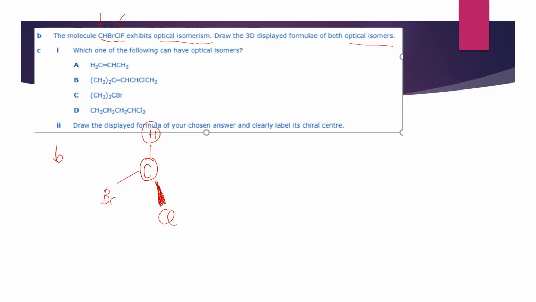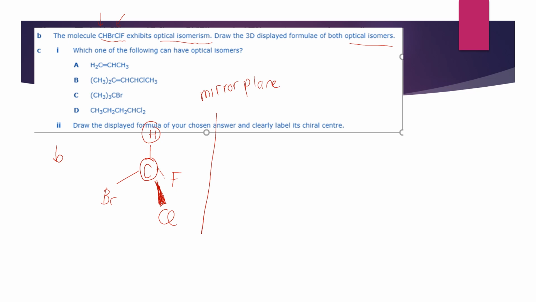Here Cl, and then the last is fluorine at the back with this line. This is F, and then you need to draw the mirror plane.